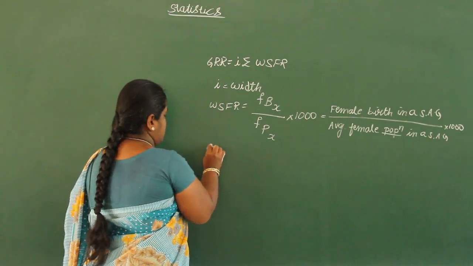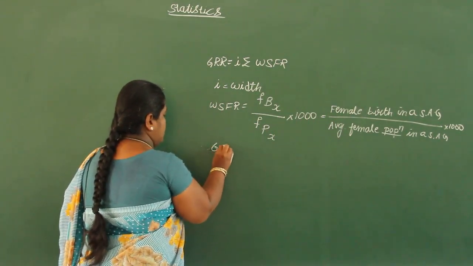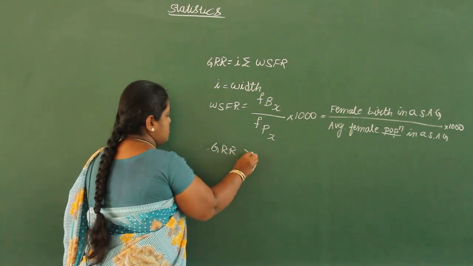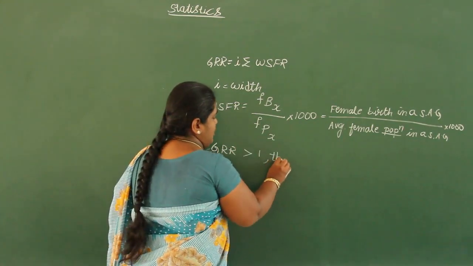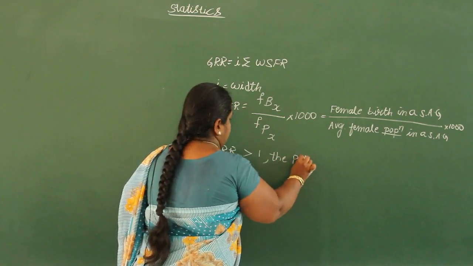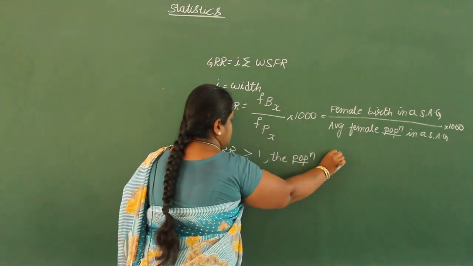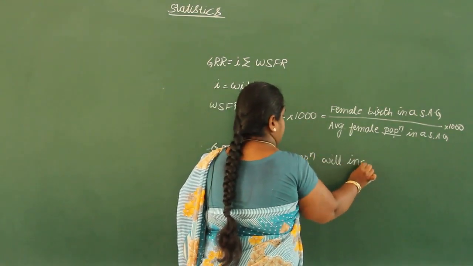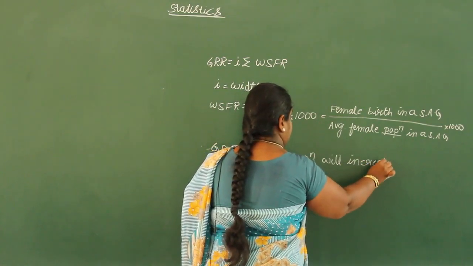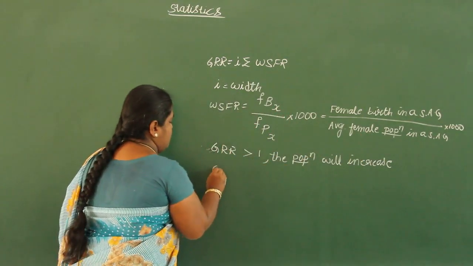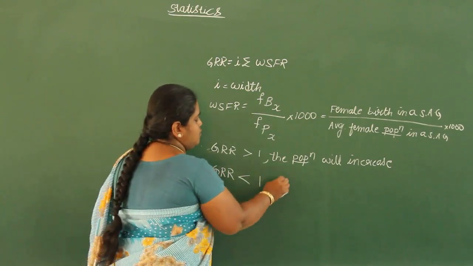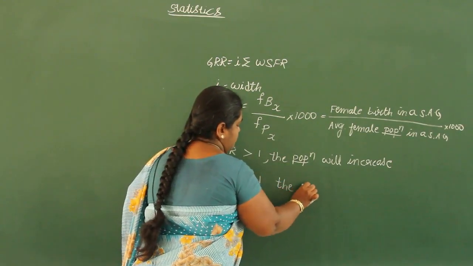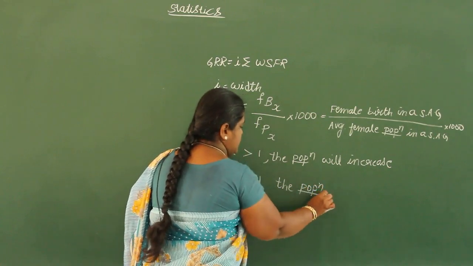After this, for GRR, we can give the conclusion. If GRR is greater than 1, the population will increase, and if GRR is less than 1, the population will decrease.